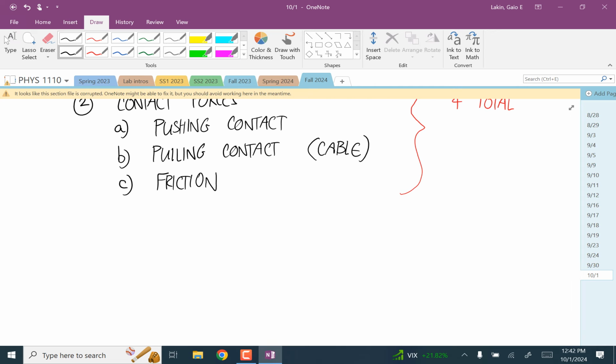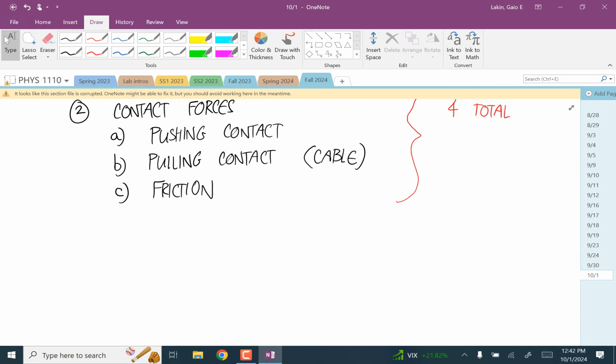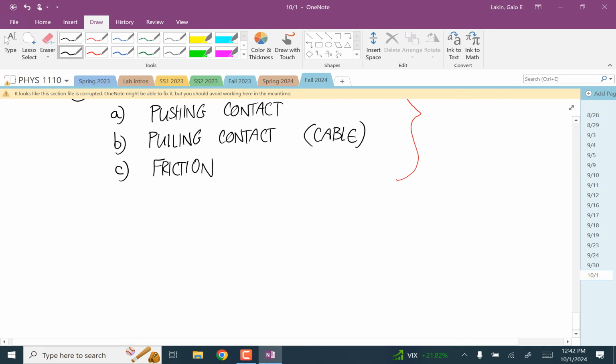Okay, and here is what we're heading towards with this, getting used to using. So Newton's second law.